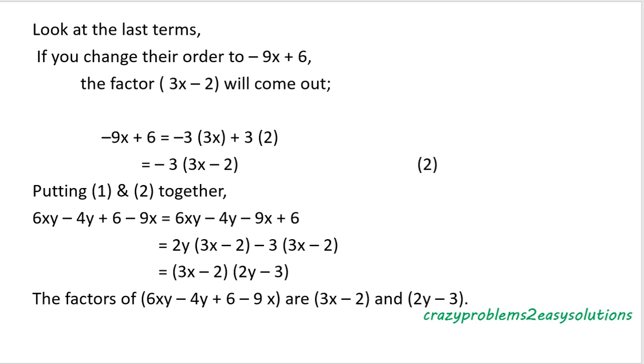So 3x minus 2 is common here; we take it outside, and the remaining terms are 2y and minus 3. Then the factors of 6xy minus 4y plus 6 minus 9x are 3x minus 2 and 2y minus 3.